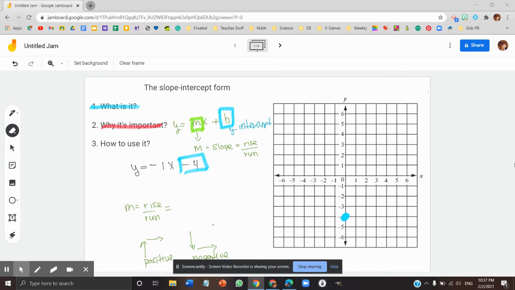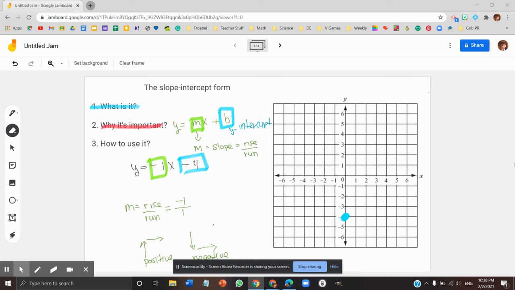Now, my slope is going to be this one right here. If I write it down, it's going to be -1. And if I want to know what my rise and my run are, what I have to do is make it a fraction. And I can actually see there my rise and my run.